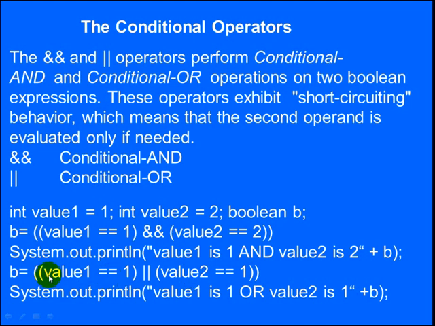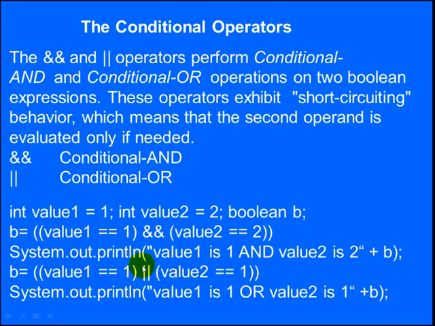So in this example, this expression evaluates to true because the value of the value 1 variable is 1. So 1 equals 1, it's true. Value 2 equals 2 would be false, but we are assigning 2 equals 1, so it will evaluate to false.